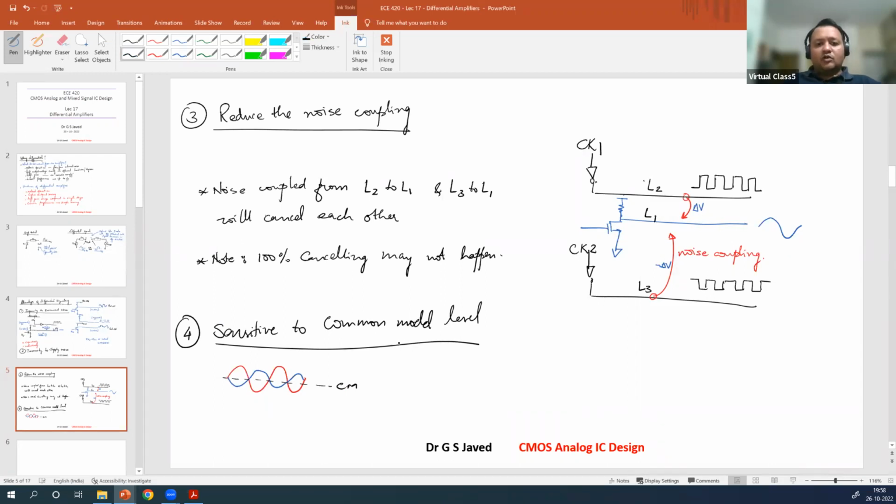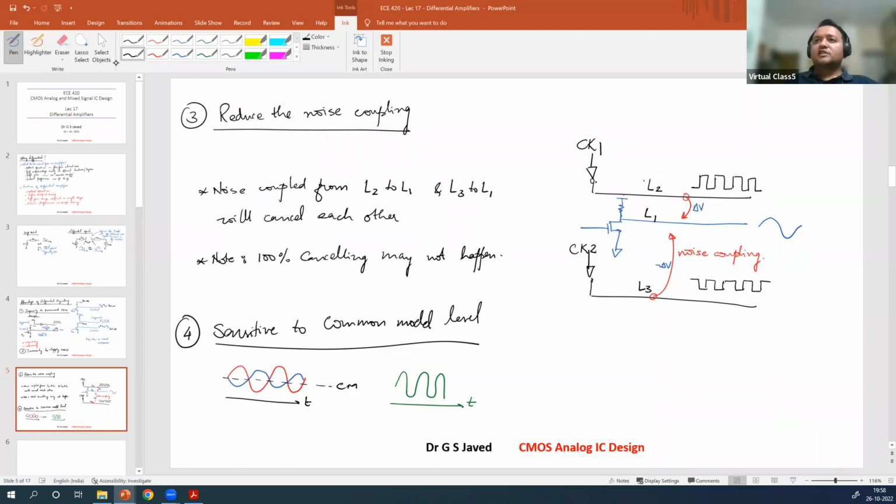Now, if the common mode level is optimal, what will happen? These two will amplify when the graph is with respect to time. Now, what happens if this common mode level shifts upwards?